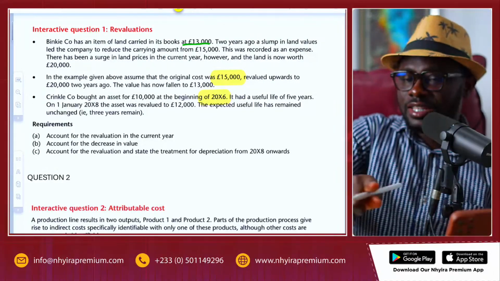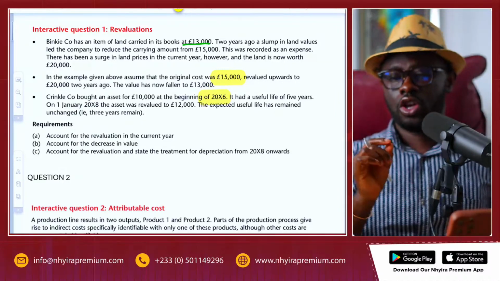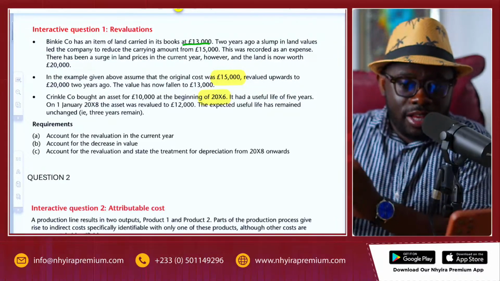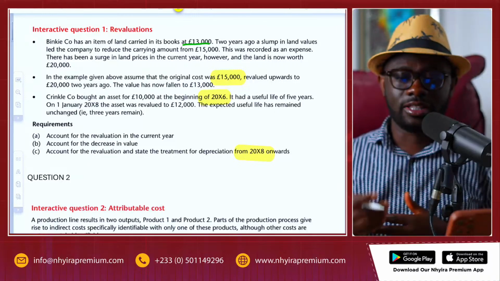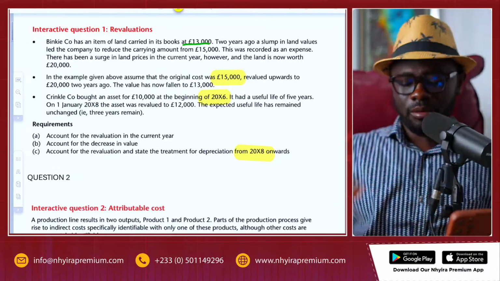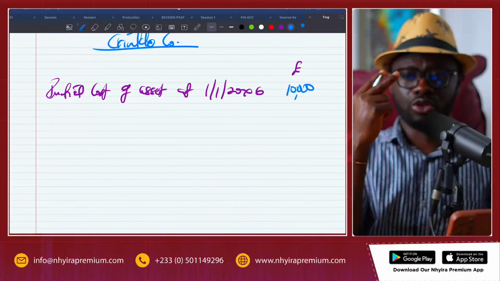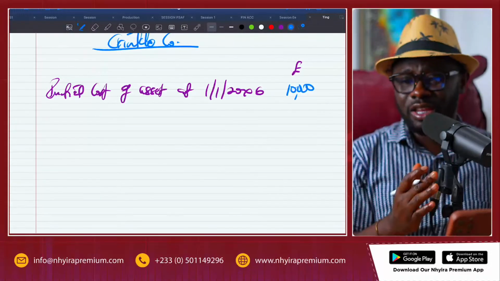On 1st January 20x8, the asset was revalued to £12,000. Stay with me. So the revaluation is being done at the beginning of 20x8. Remember, the year end for us is 20x8. So it means the asset was used in 20x6 and in 20x7, because the revaluation is being done at the beginning of 20x8.